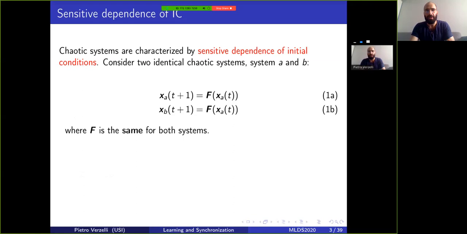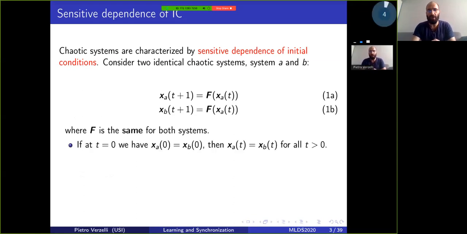We mean that, considering two identical systems, meaning that they have the same update equation F, if at the starting point, for time equals 0, they start at the same point, xa(0) equals xb(0), then they will be the same for all time, meaning that their trajectories will be identical. This is obvious because F, the updating function, is the same.